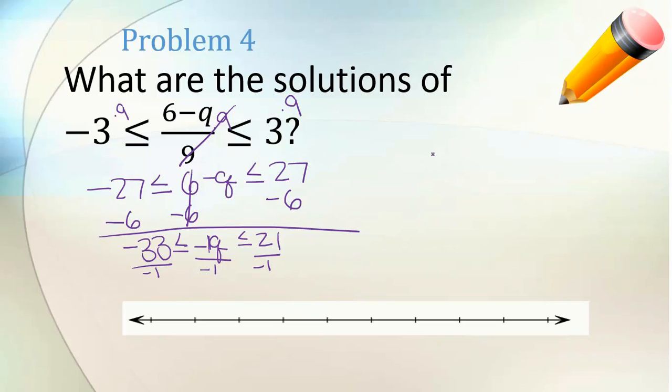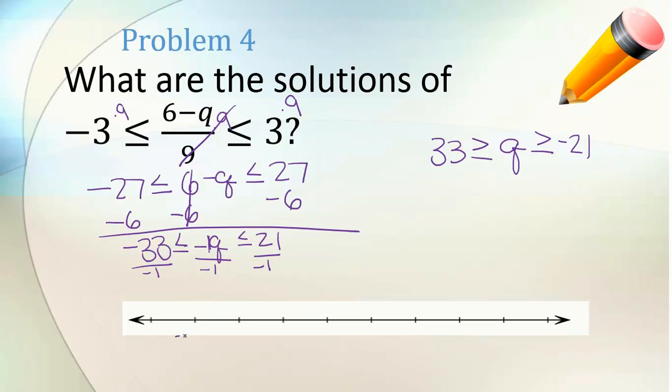Negative 33 divided by negative 1 is a positive 33. Gotta flip my inequality sign when dividing by a negative. Almost forgot about it again. Let's flip the inequality sign. Got a q here. And let's flip the inequality sign. So I got negative 21, right? Because q, yeah, it was a positive.